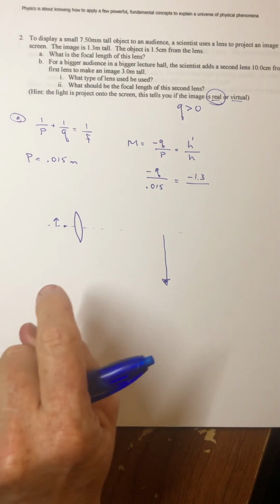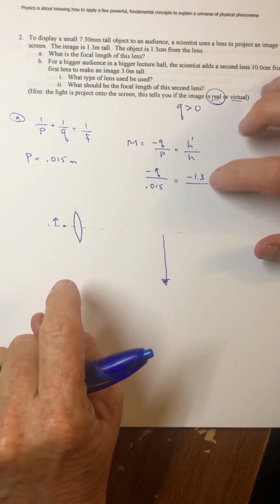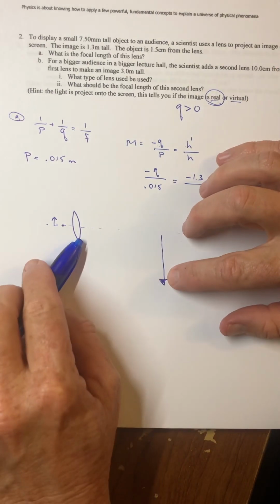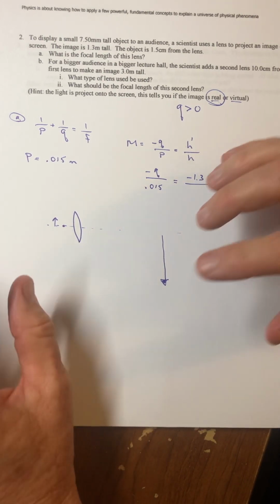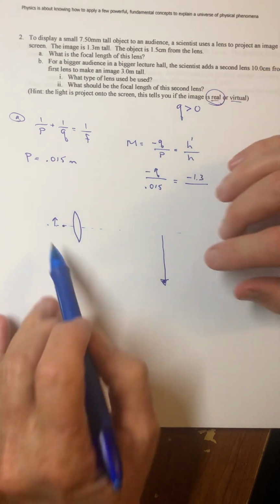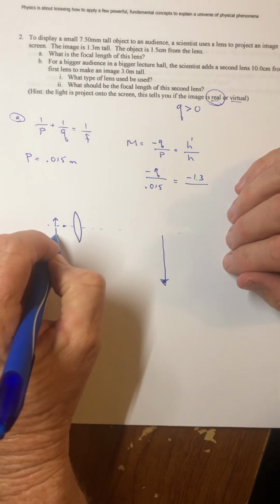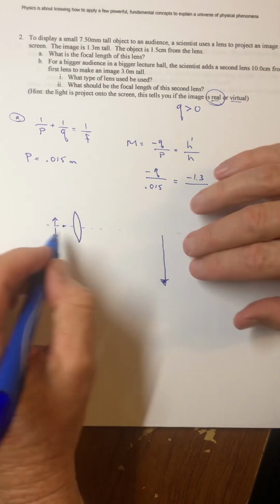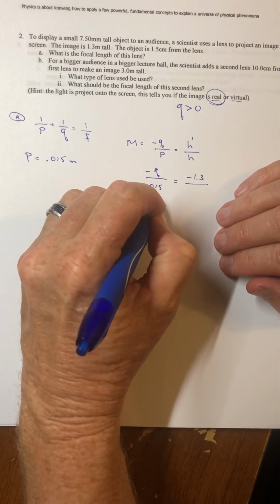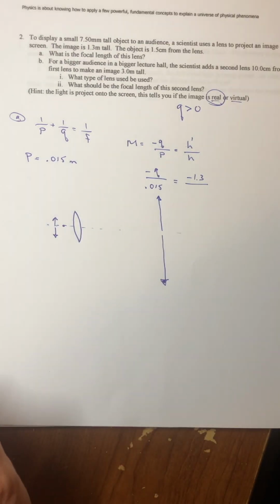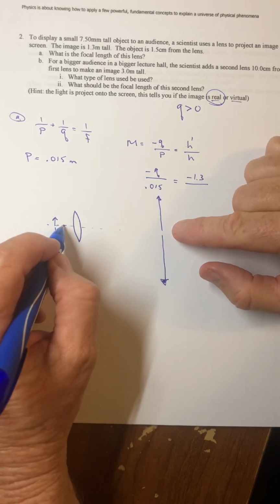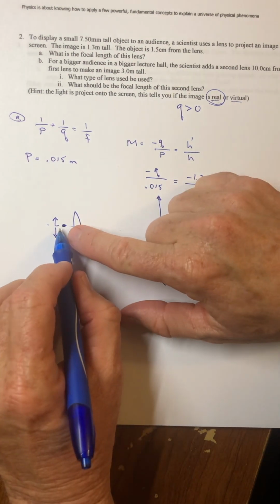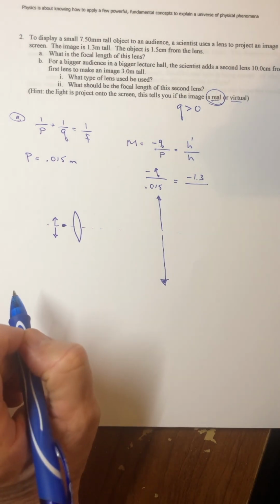And so that is kind of a clue. In fact, if you ever looked at something being projected on a screen, like an old movie, you always put it in actually upside down, and then it inverts it so that it's right side up on the screen. And to get your big magnification, if you remember working with these, it's just beyond the focal length.